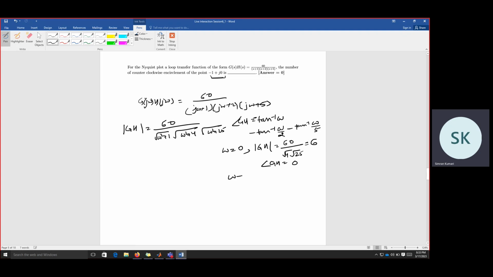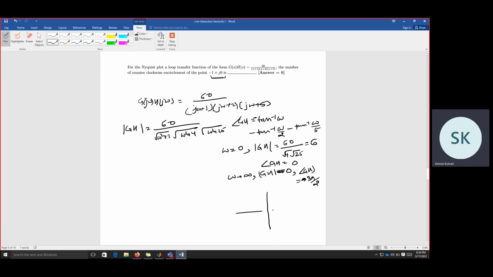And with omega tending to infinity, the magnitude of GH tends to 0, and the angle of GH will be minus 3 pi by 2, because there are three minus 90-degree contributions by these three poles.